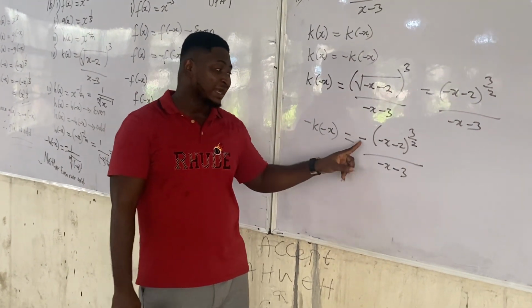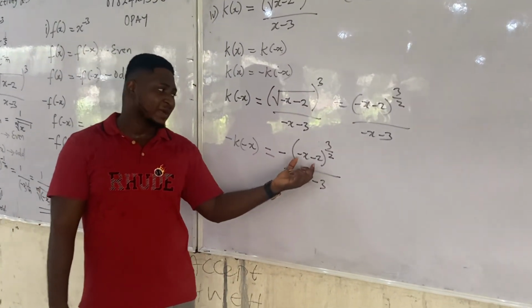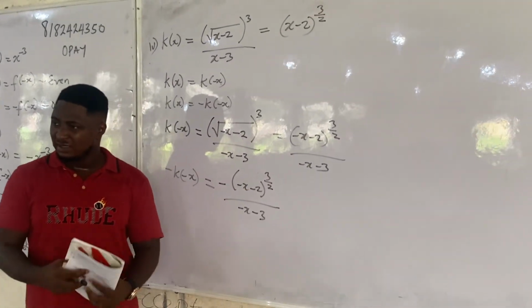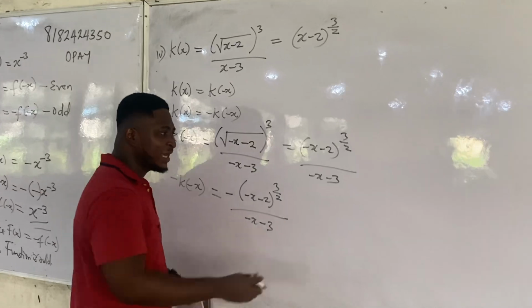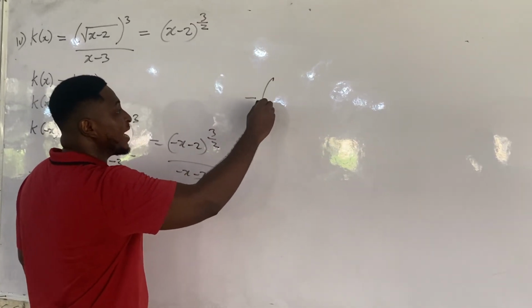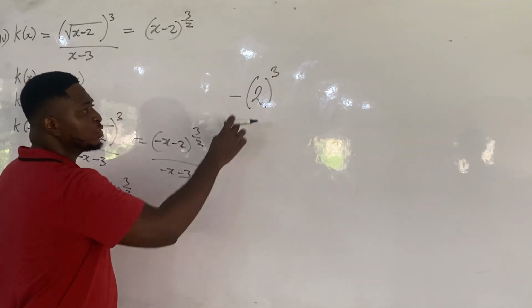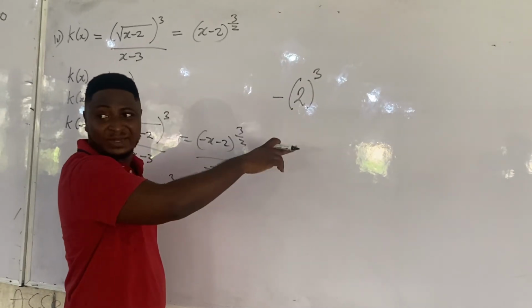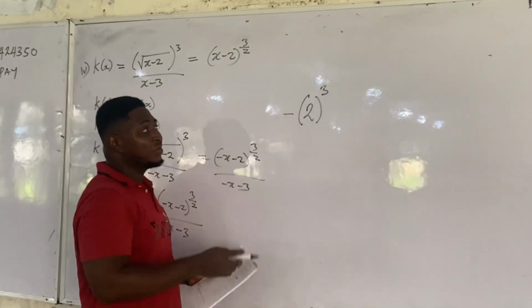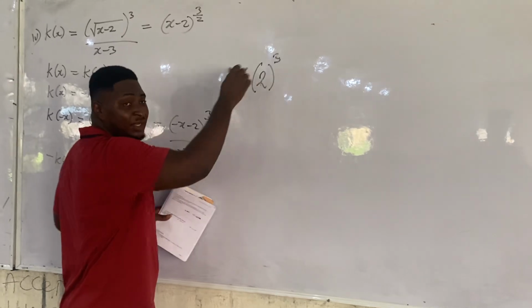And class, this minus cannot penetrate this bracket to expand it, because this bracket has a power. If someone asks you to find minus 2 raised to power 3, please find 2 raised to power 3 first before you apply the minus. Don't say this minus is done with this 2, and this 2 with this 3.